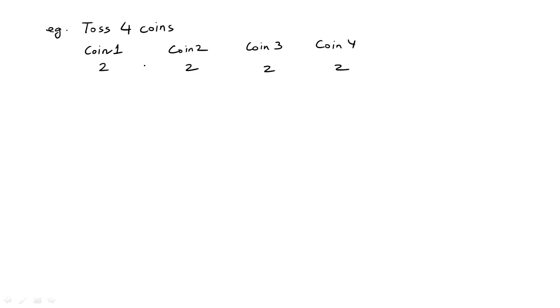So the total number of outcomes is 2 times 2 times 2 times 2, that is 16 ways, or 16 total outcomes. Let us see what are the different possible distributions.